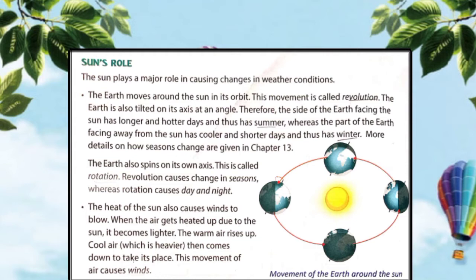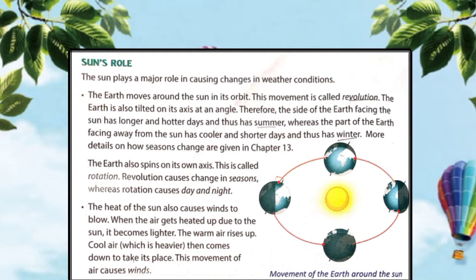Maybe you have observed that from earth the sun looks like it moves across the sky in the daytime and appears to disappear at night. And this is because the earth is spinning towards the east.